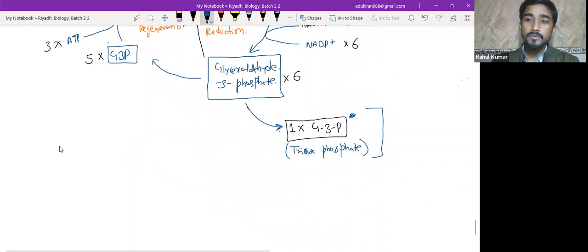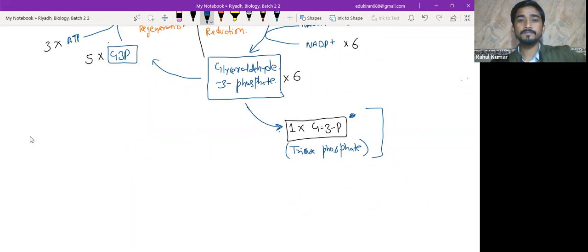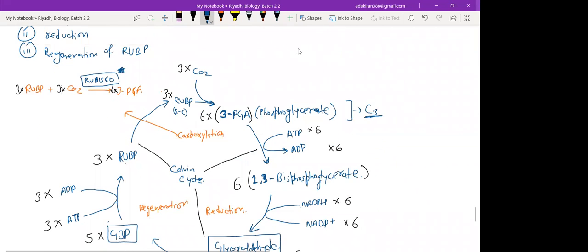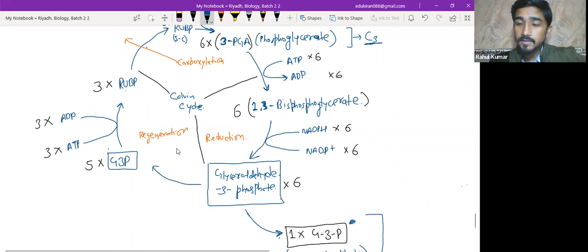3 ATP molecules are utilized per CO2 entering the Calvin cycle. Write down. You know how 3? 3 ATP molecules are utilized per CO2 molecule entering the Calvin cycle.